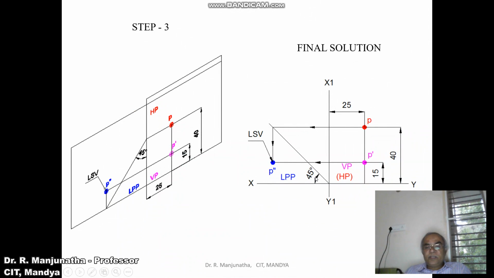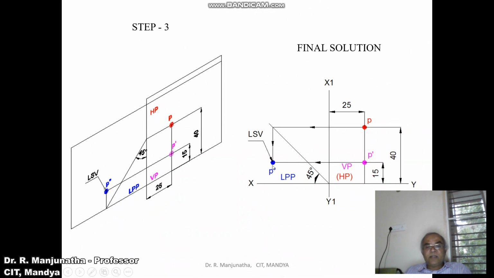So you draw a 45-degree line adjacent to HP and then draw a horizontal projector from P to the 45-degree line first. Then from here you draw a vertical projector such that both P dash and P double dash are going to be on the same line. That is also quite evident from step 3.